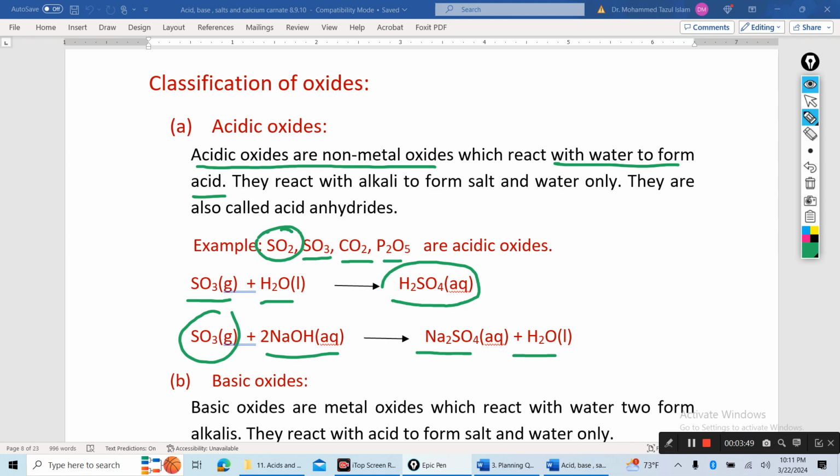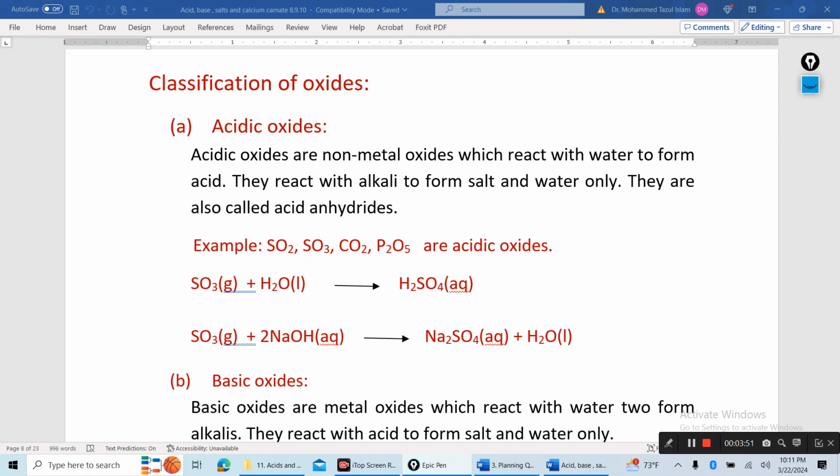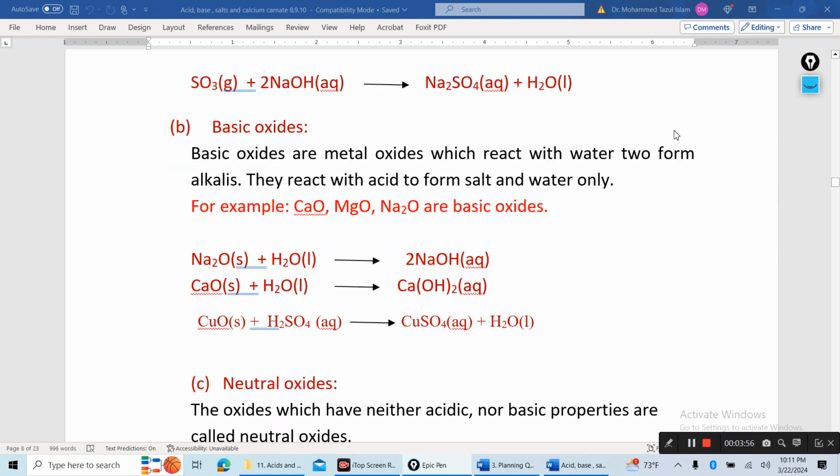Now, basic oxide. Basic oxides are metal oxide. So basic oxides are metal oxide.